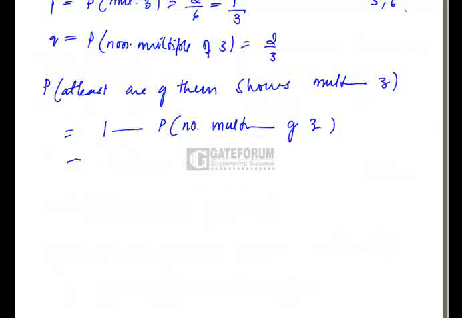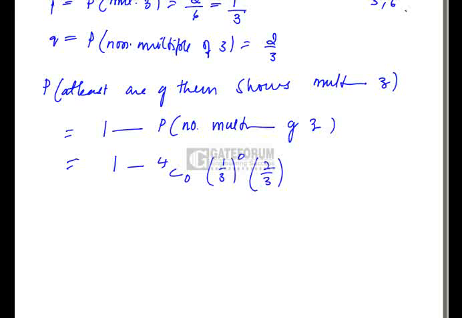Now, we'll use the binomial distribution to solve this problem. 1 minus, so totally there are 4 throws, that means n is 4C, and we need no multiples of 3, that means 0 multiples of 3, into the probability of getting a multiple of 3, 1 by 3 to the power of how many? We need 0, we don't need any multiples of 3, into 2 by 3.